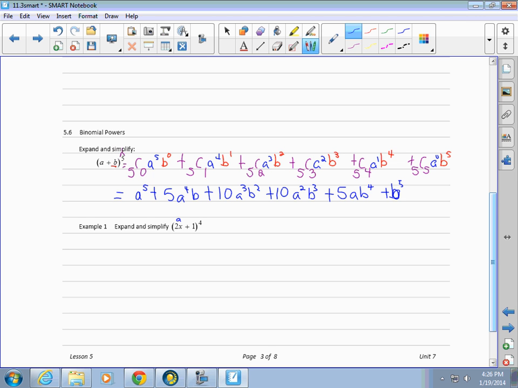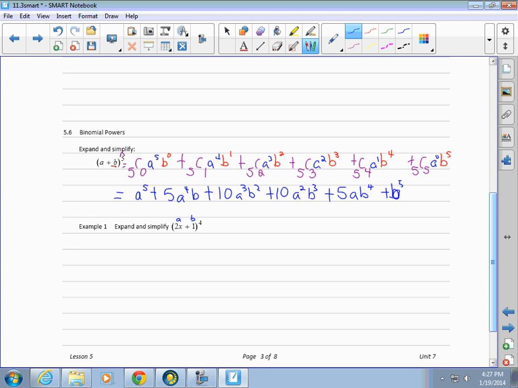This is my a value, this is my b value. I'm going to do the exact same thing as in the first example: expand by finding my coefficients and then applying my exponent to the a and the b. A is decreasing from the beginning, b is increasing from the beginning.